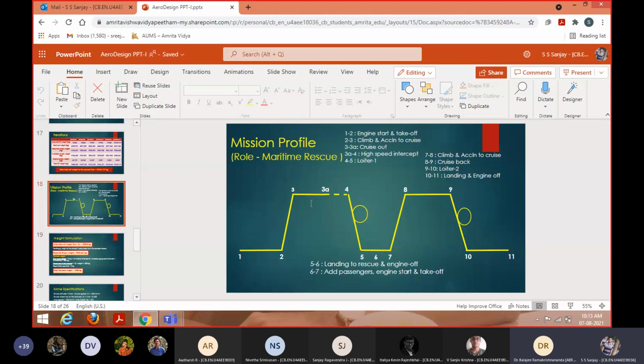Since weight is being reduced, we are going to climb in altitude, and when we climb, density also reduces. So the ratio W by rho remains almost constant, not exactly equal to 1, such that the change in velocity is not appreciable during 8 to 9. So we use the same V, and for L by D again we have assumed the same. Even if we incorporate the difference, the fuel weight fraction is not going to change appreciably.